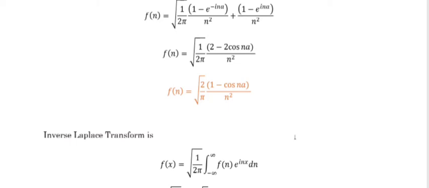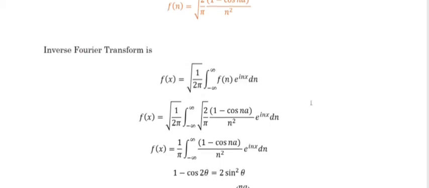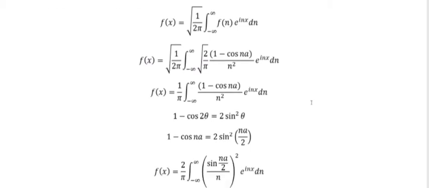Now to do the next part, we have to remember the inverse Fourier transform, that is f of x is 1 by root 2 pi integral minus infinity to plus infinity f of n e raised to I n x dn. So you substitute f of n as 1 minus cos na by n square, and then there is a very important formula that 1 minus cos 2 theta is equal to 2 sine square theta.